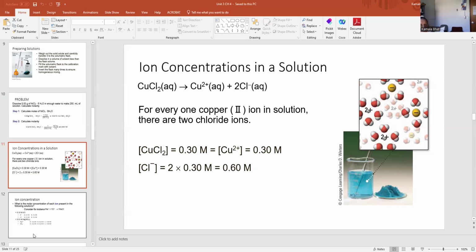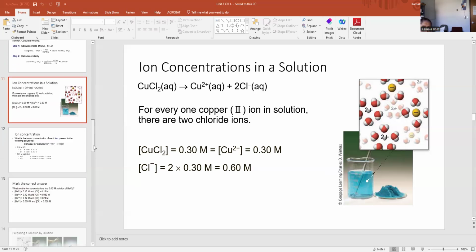So if we know the strength of the copper solution as 0.30, then the strength of copper ions will be 0.30, and for chloride, it will be twice that amount. Now, if it was an ion of the same type, FeCl3, then there is 3 Cl and 1 Fe. So whatever the concentration of FeCl3 is, for Cl, it will be thrice, and for Fe, it will be 1.